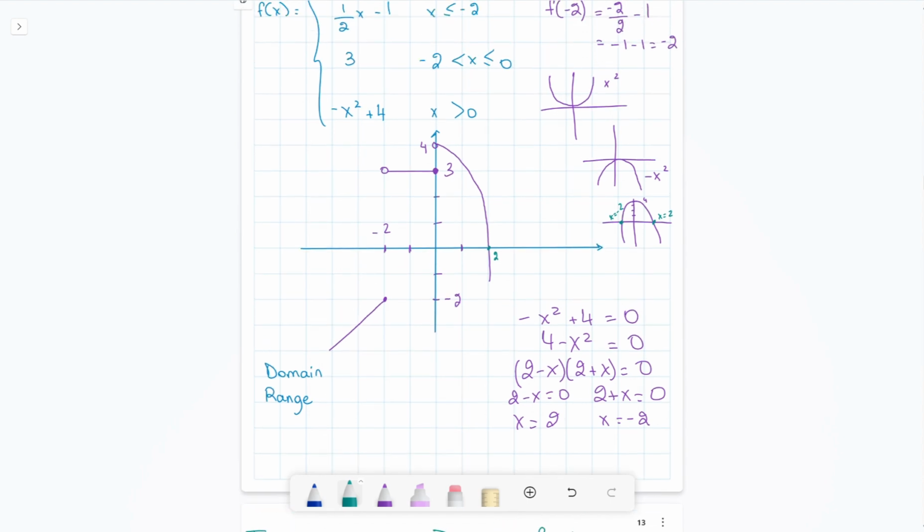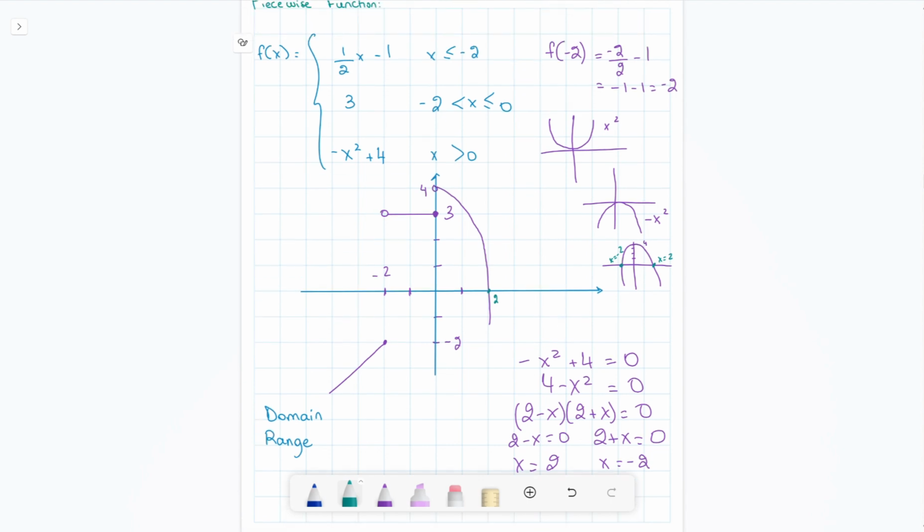Now often when we're asked such questions, the following questions will be to state the domain and state the range. Let's start with the domain. We can see that all real numbers can exist. Let's start from the left. Everything here, we can stretch this line more.